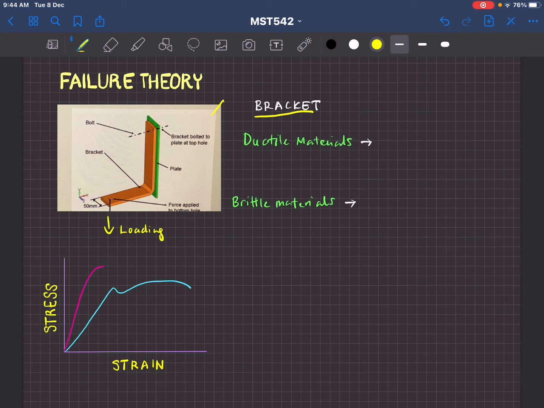And we have brittle materials where the failure can occur at a fracture.